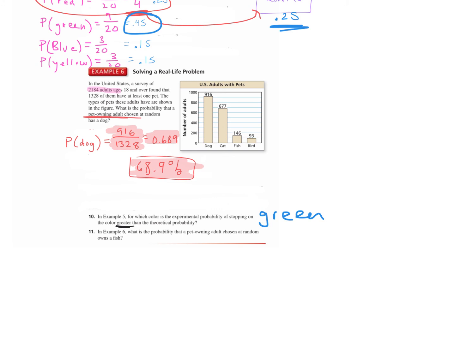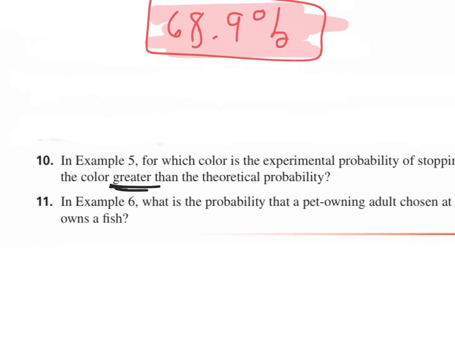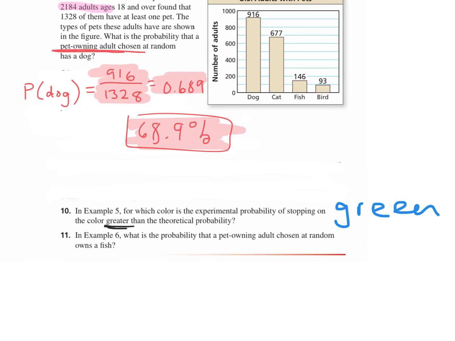All right, number 11. In example 6, what is the probability that a pet-owning adult chosen at random owns a fish? So how many pet-owning adults have a fish? 146. So 146 is what we're looking at, so that goes on top.